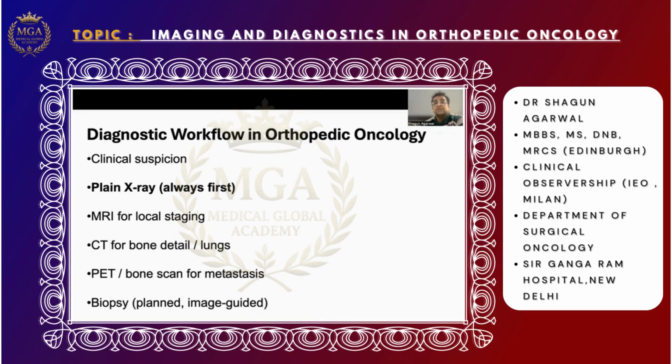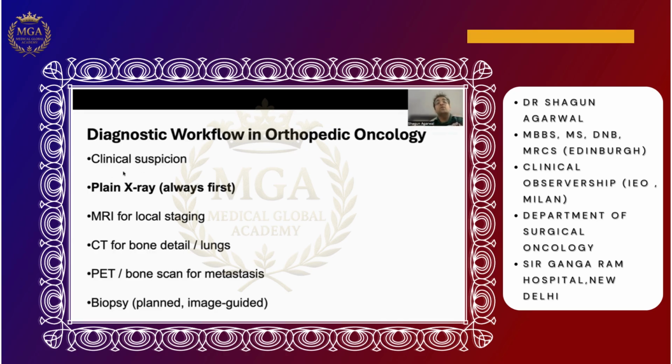So the diagnostic workflow in orthopedic oncology starts from clinical suspicion. You have a patient who has a musculoskeletal tumor. That is where your suspicion starts, and an X-ray with two views and two joints is taken first. It's always a plain X-ray with two views and two joints, one proximal.